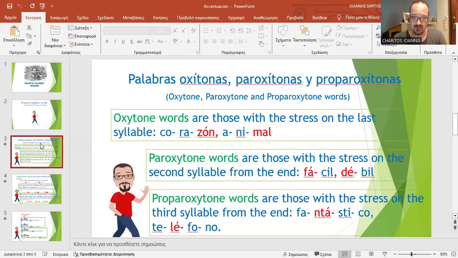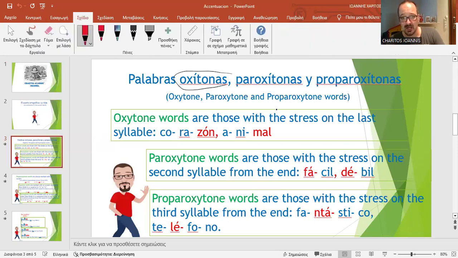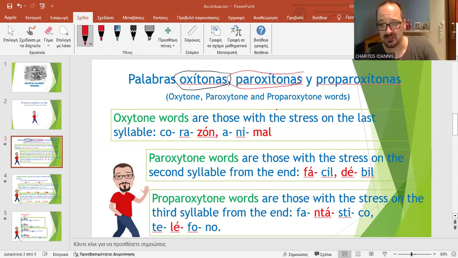So, in order to explain when we write the accent mark in Spanish, the first thing we need to do is to explain what are las palabras oxítonas, las palabras paroxítonas y las palabras proparoxítonas, which means oxytone words, paroxytone words, and proparoxytone words.